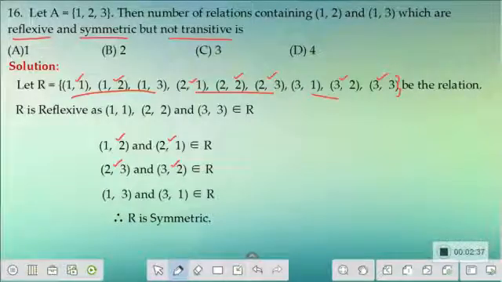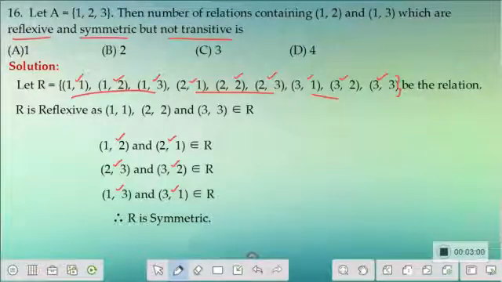Then if I take (1, 3), I must have (3, 1). Yes, we have it. All the elements are filled in, so the relation we have defined is symmetric. So we have R reflexive and R symmetric.